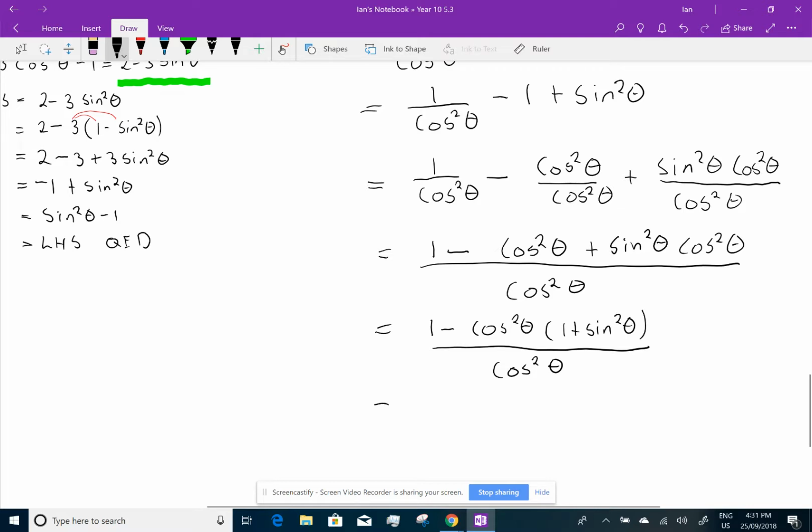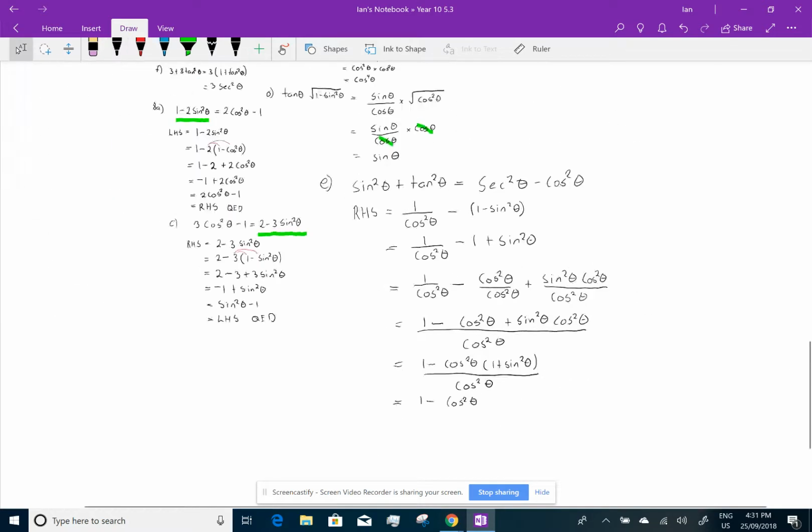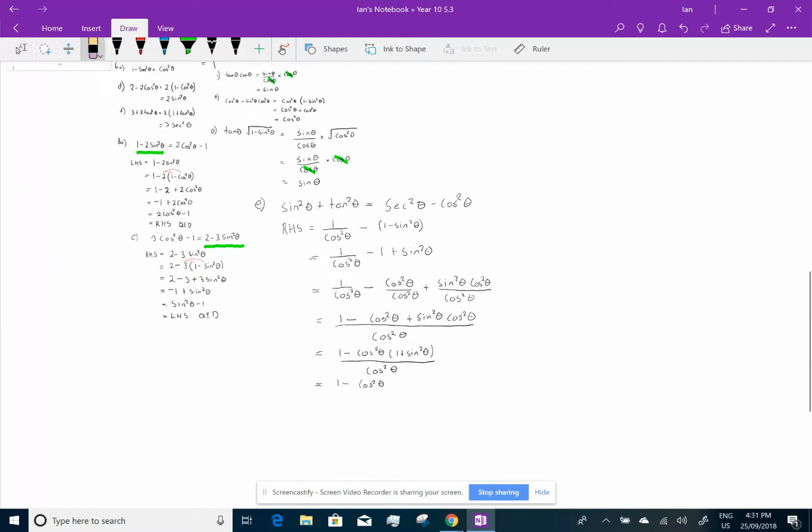I don't know where this is going. I don't think I'm going to get there. And this is what I mean. Sometimes you're going to have to go back and try it again. I think I went down the wrong path there, so I'm going to try something else. Let's see if I can do it another way.